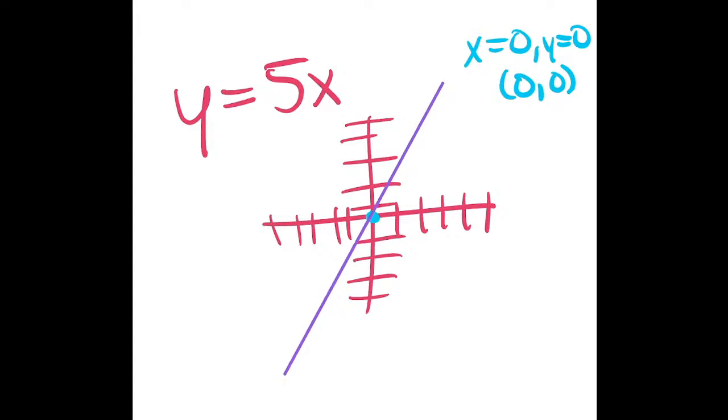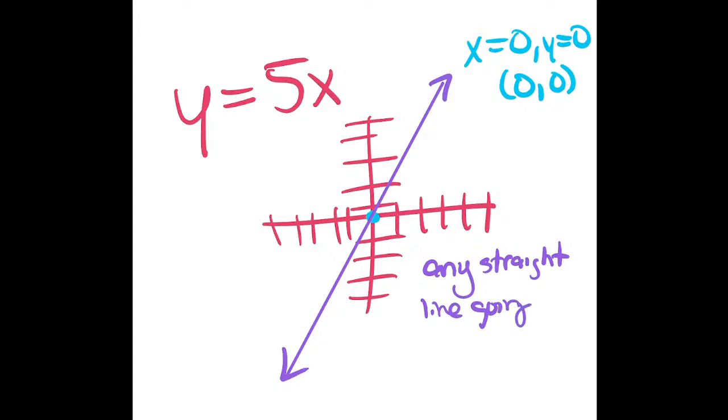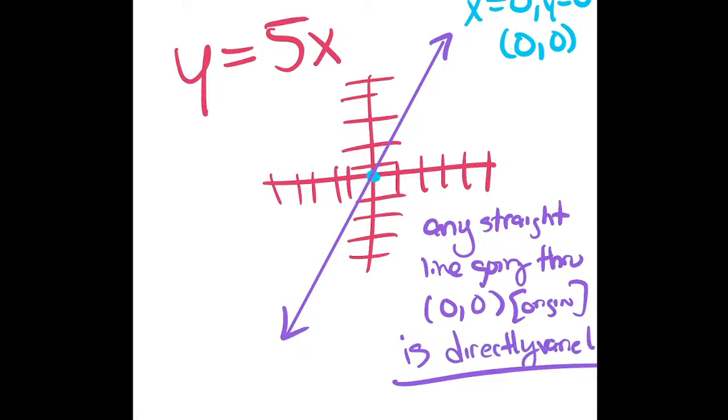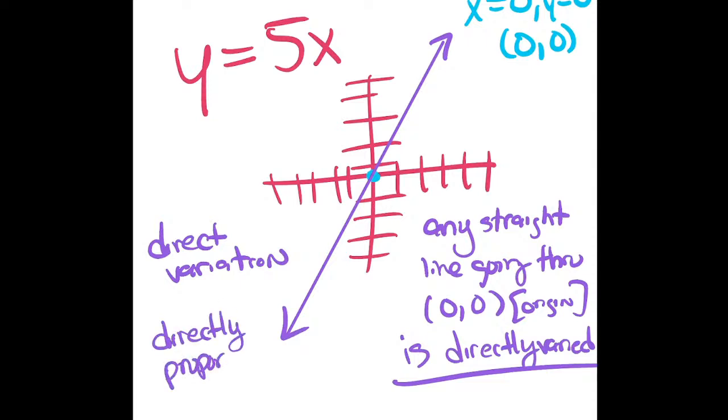Any straight line that goes through the origin, let me write that out, any straight line going through 0, 0, aka the origin, is directly varied, meaning it is a direct variation. This is also sometimes called directly proportional. Okay, these both mean the same thing.